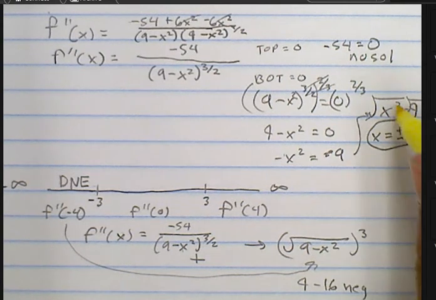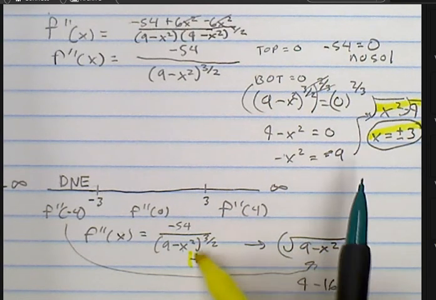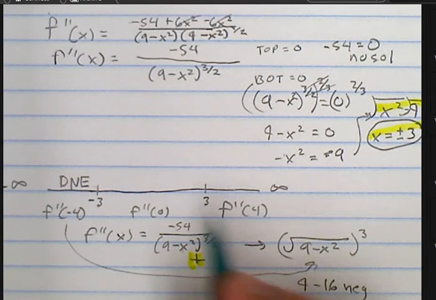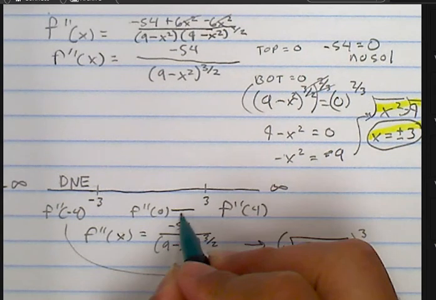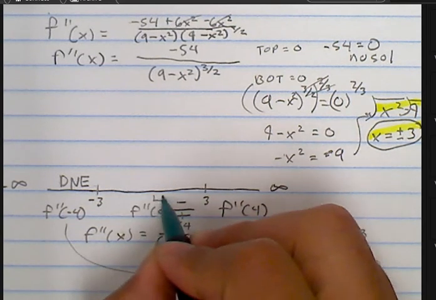When I'm plugging it in, I'm expecting a positive answer. So when I plug in 0, I end up with a positive on bottom and then negative on top. So negative. Concave down.